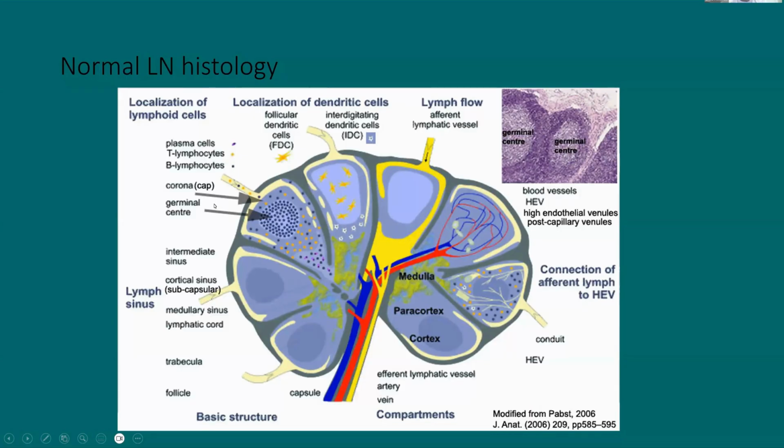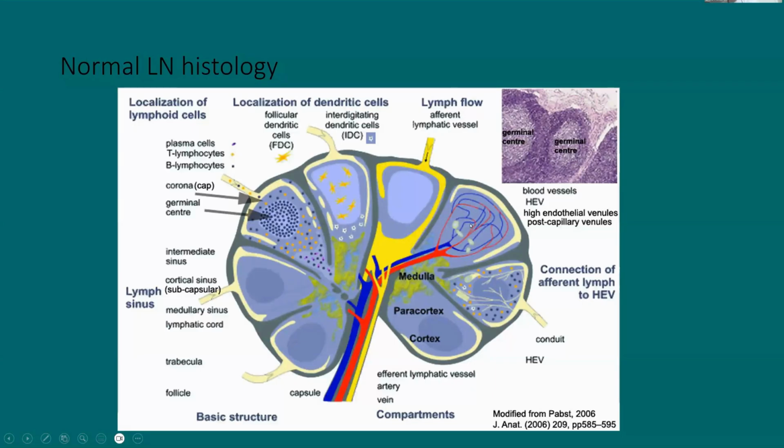In the cortex, we see some germinal centers, what we call secondary germinal centers. And then we see a mixed population of cells in the interfollicular areas as well as the medulla. And there is also the hilum, which is highly vascular and shows some fatty tissue.